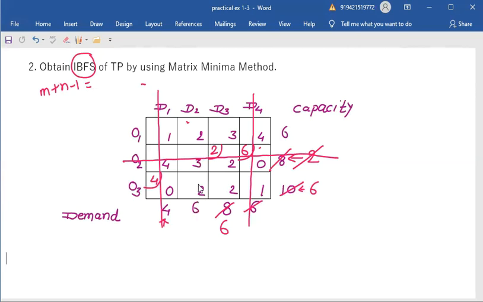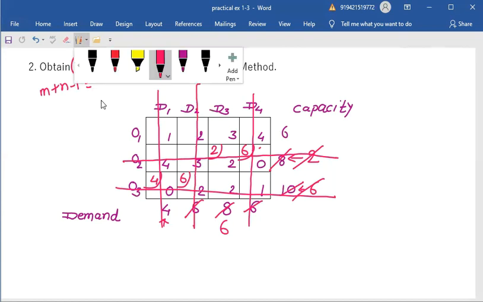So we will not get an initial basic feasible solution by the matrix minima method. We will get a feasible solution, but it is not a basic feasible solution. If I use this cell for allocation, then demand is satisfied and supply is also exhausted. Since demand is satisfied here, we have to cross this second column.